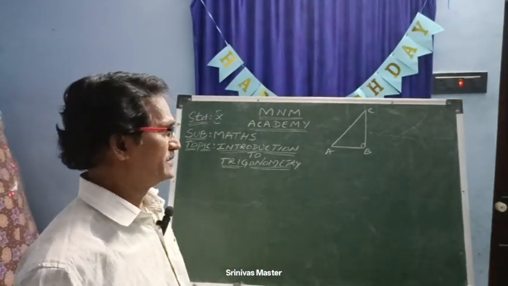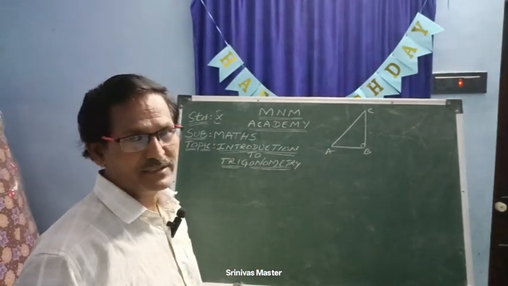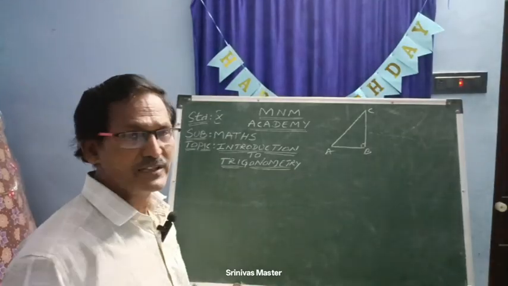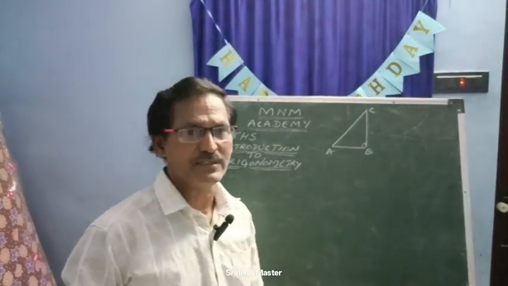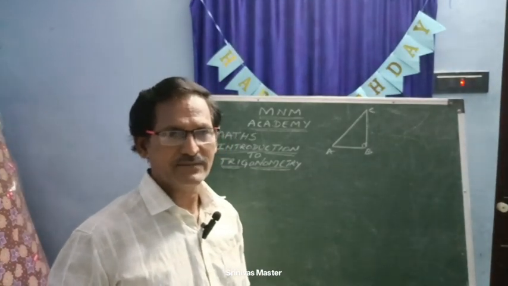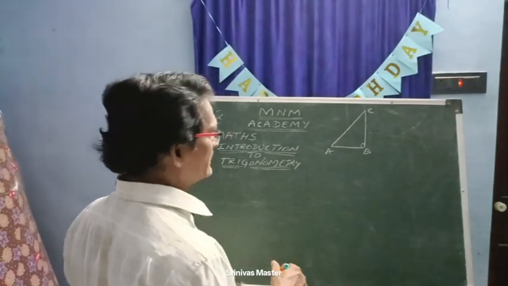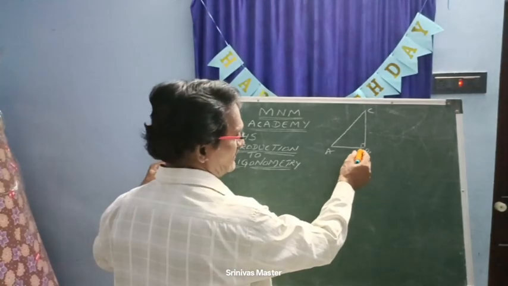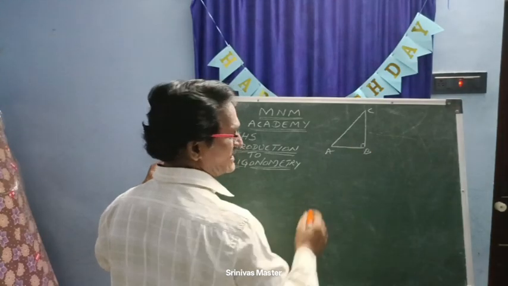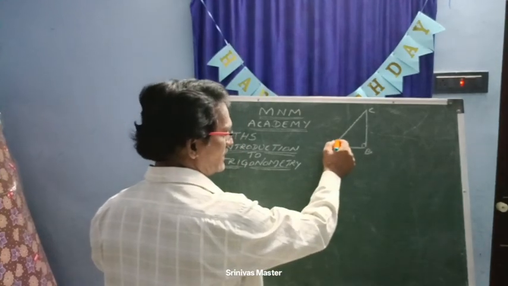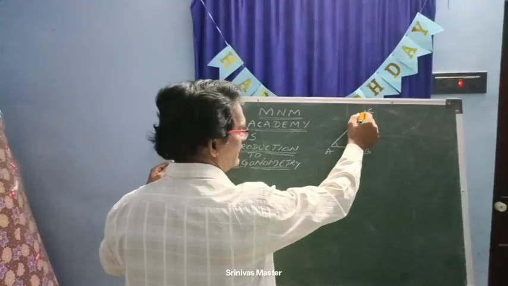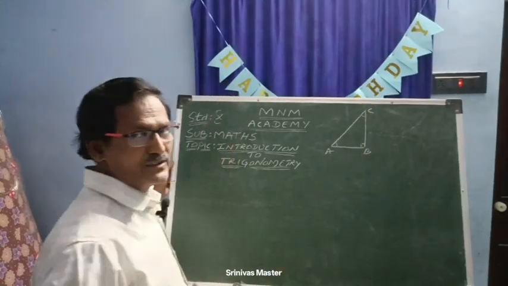Before going to the ratios of trigonometry, first we have to identify the opposite side, the adjacent side, and the hypotenuse. Since this is a right angle triangle, the other two angles, angle A and angle C, are acute angles.